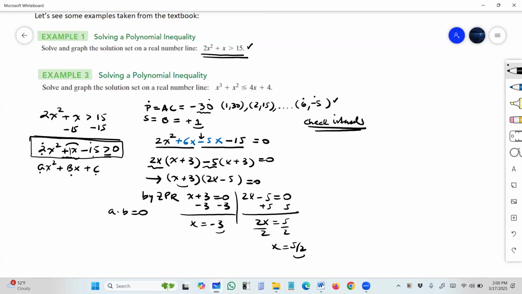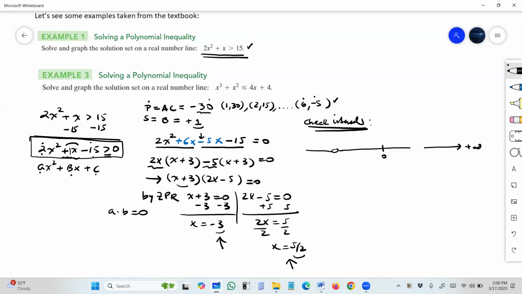We have to check the intervals to see if our solution satisfies the problem or not in the intervals we're checking. So you're going to write the real line, right? So positive infinity going that way, put the 0 in, and put the roots in, okay? So one of the roots is going to be negative 3, and the other root is going to be 5 over 2, okay?